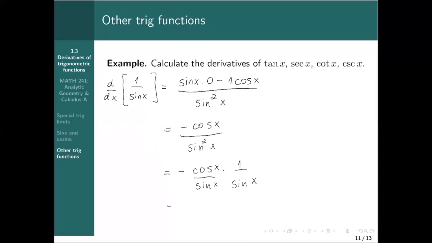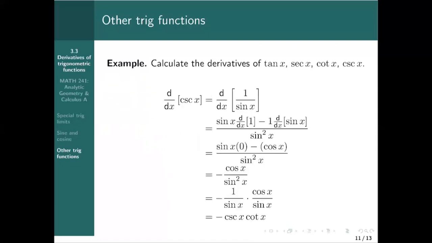Cosine over sine is equal to cotangent. So this is going to be minus cotangent of x times 1 over sine is equal to cosecant. So the derivative of cosecant of x is equal to minus cotangent of x times cosecant of x, which is exactly what we have in this slide, but typed.